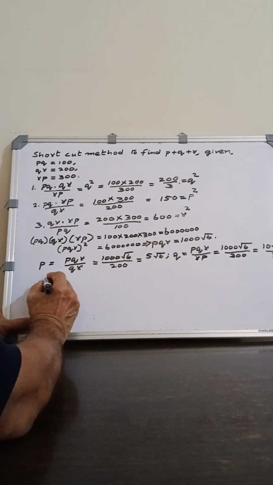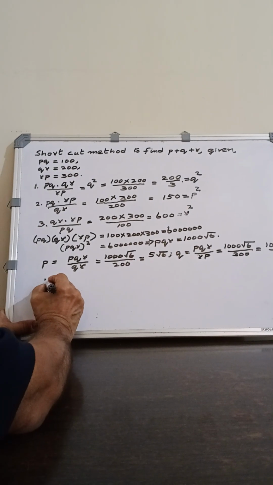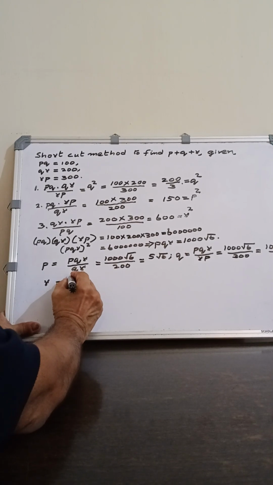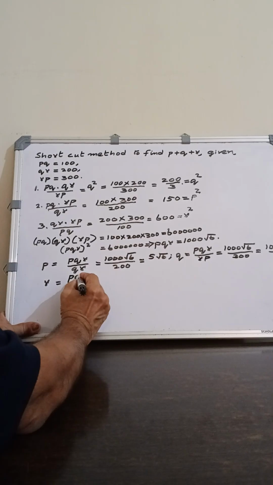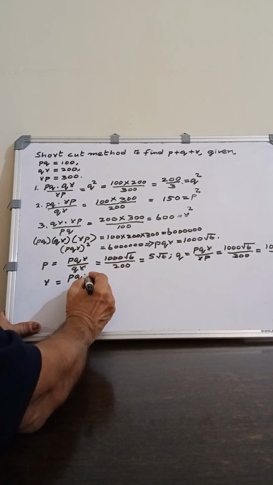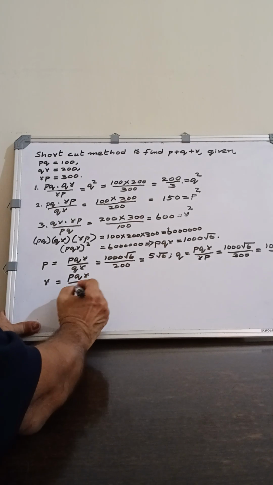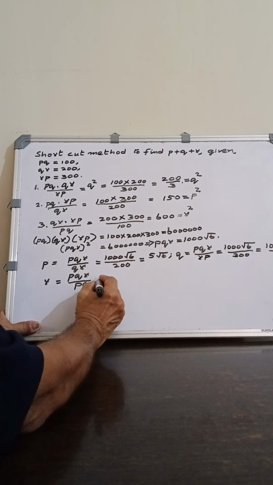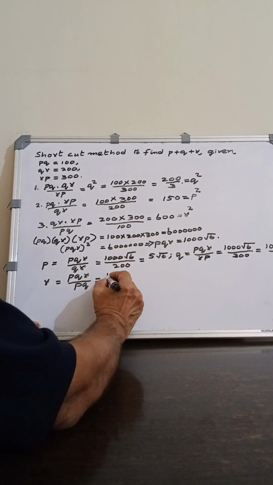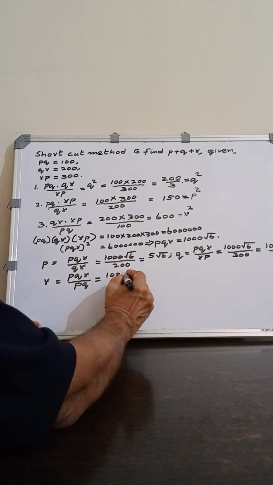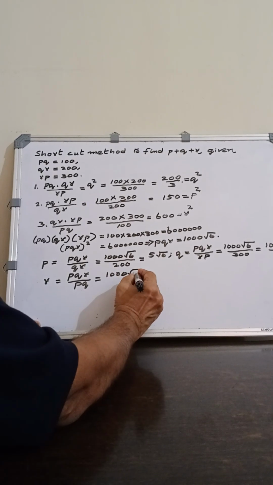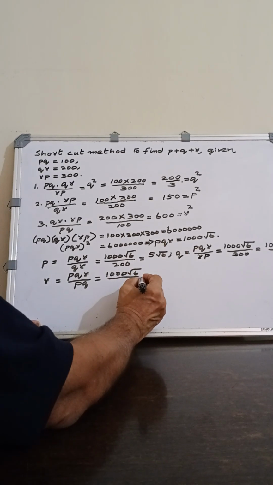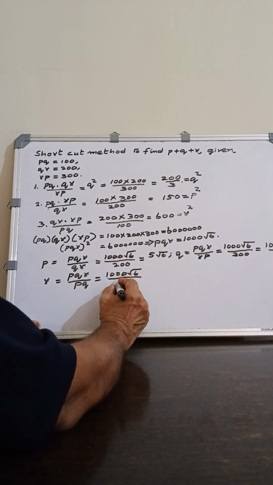And for r, pqr by pq equals 1000 root 6 by 100.